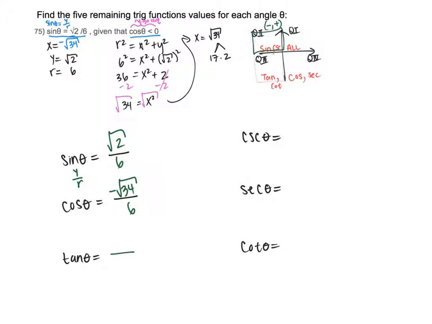And then tangent is y over x. So that's going to be square root of 2 over negative square root of 34. So here's the thing. These two I don't have to simplify here, okay? Because the root here is on the numerator. But this one here, the root's in the denominator. But I just want to remind you that they're both under a root, right? So whenever you have division and they're both under a root, you can actually combine them.